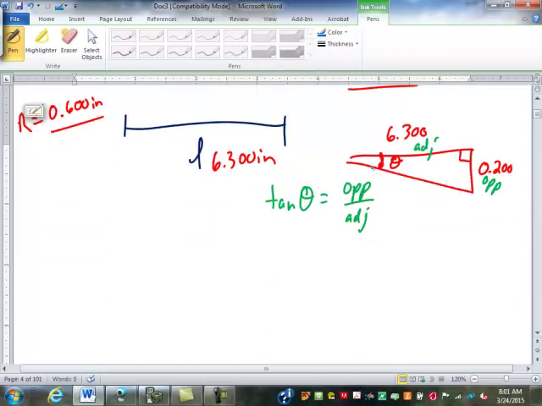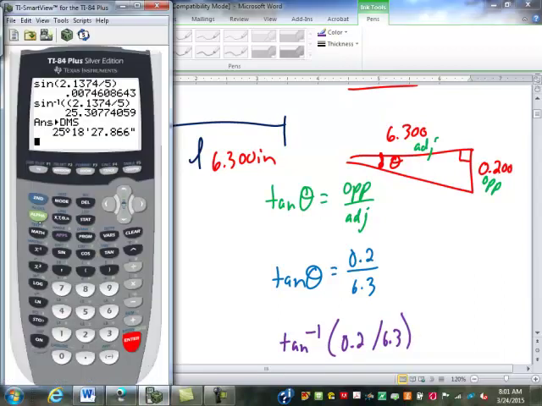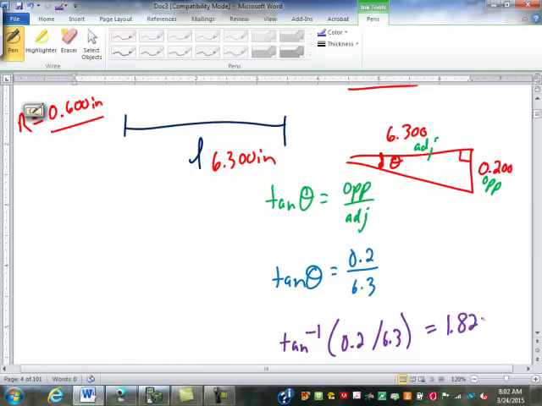Now I know the opposite side is 0.2, the adjacent side is 6.3, so this is going to be an inverse tangent. So second tangent, 0.2 divided by 6.3. I get 1.82 degrees. Here's my taper angle. Not so bad.